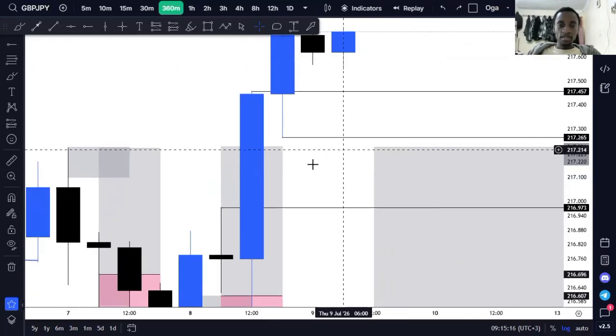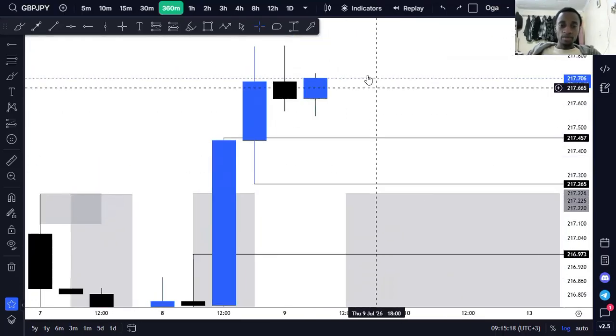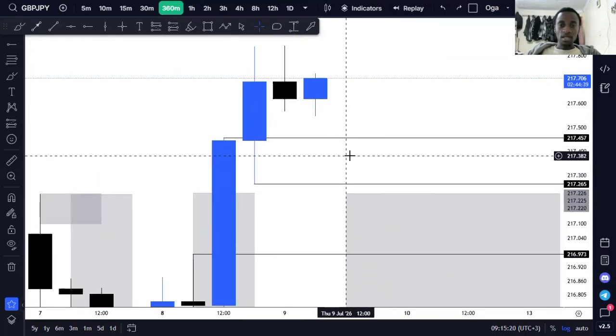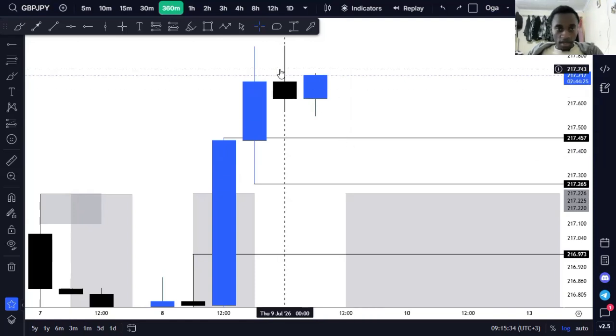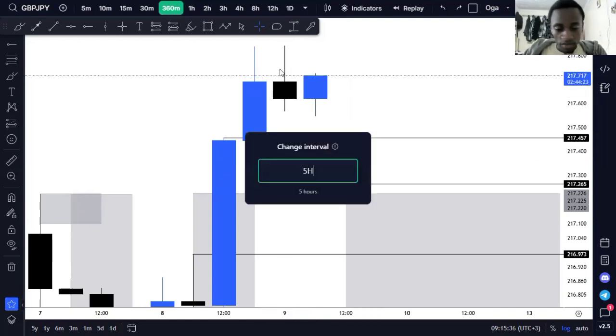If we have something inside it, we shall wait for price to retrace inside it and then give us a bullish entry model, which in my case I call an ATM confirmation. So we've checked on 6 hours. Let's go to 5 hours.